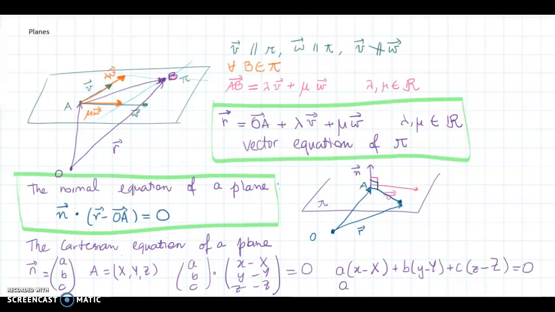And this can be written as ax plus by plus cz is equal to actually a number, that is aX plus bY plus cZ for the capitals X, Y, and Z. So we can just write this as a constant d, and we got the Cartesian equation of the plane. The simplified form will be ax plus by plus cz equals d for some constant d, where the values a, b, and c come from the normal to the plane that we consider.